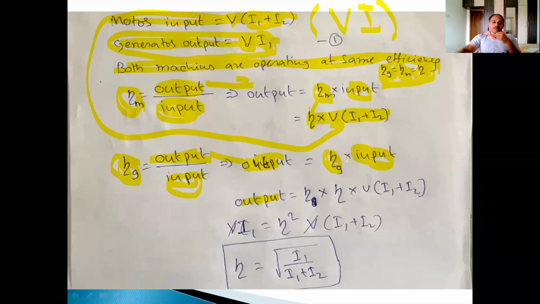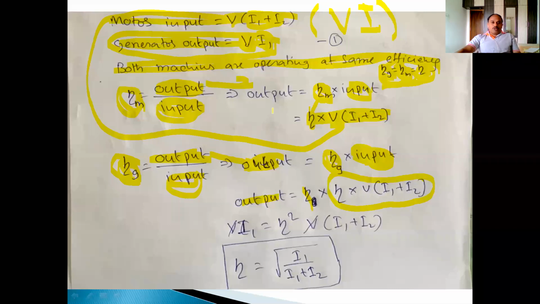The input to the generator is the output from the motor, because the motor gives input to the generator.